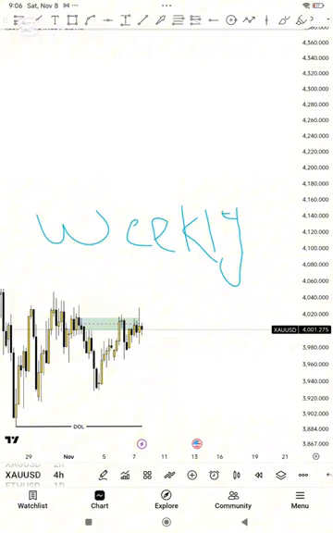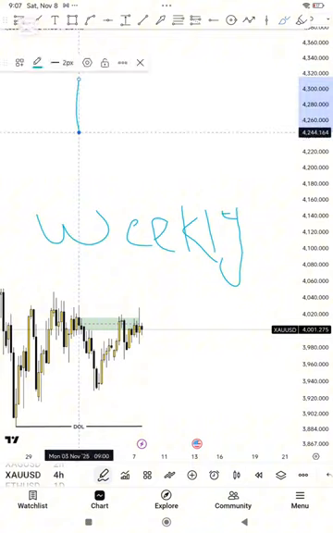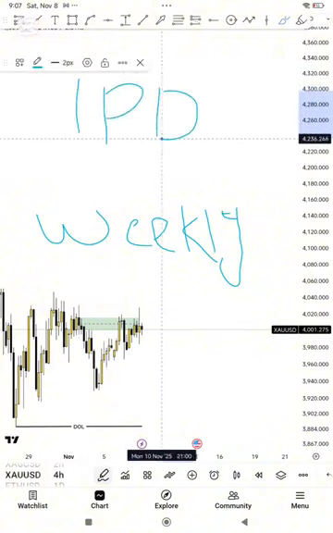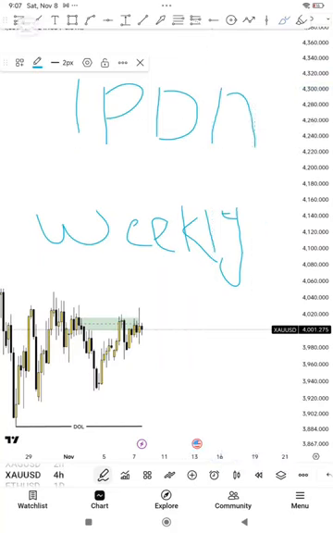Okay, so before we dive into the weekly candle, we first need to understand how price actually delivers. Let me introduce you to something called IPDA. All right, IPDA, the interbank price delivery algorithm.